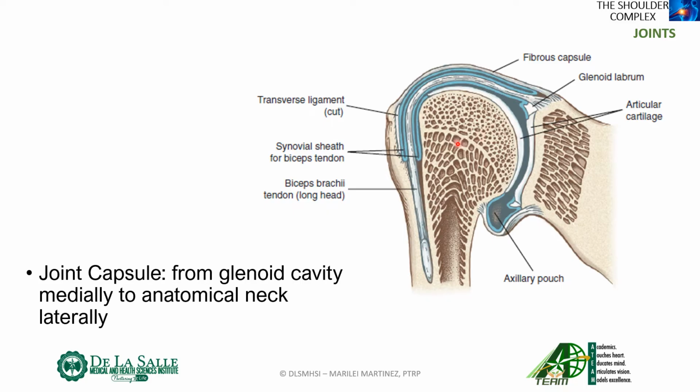The shoulder joint is needed to reach for objects. The increase in volume of the joint capsule allows the glenohumeral joint to have extensive mobility.